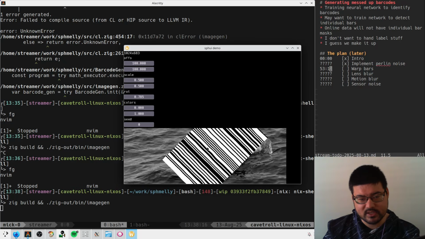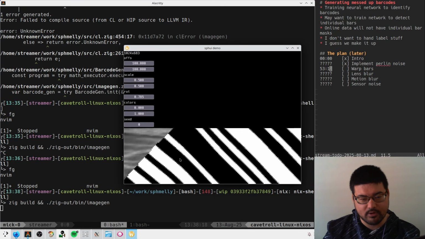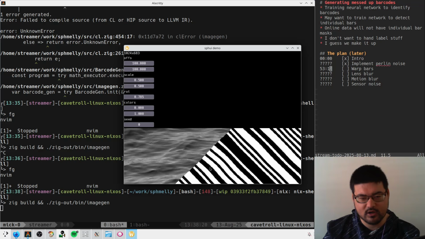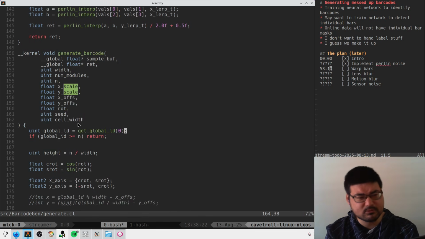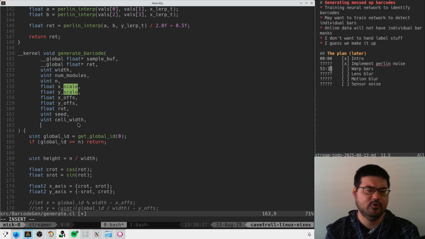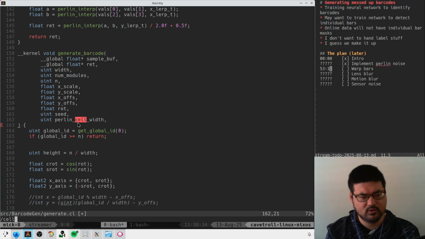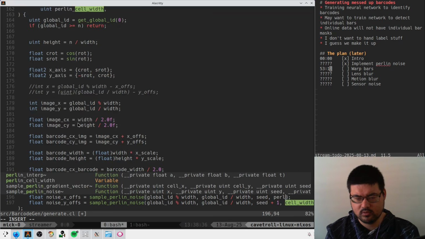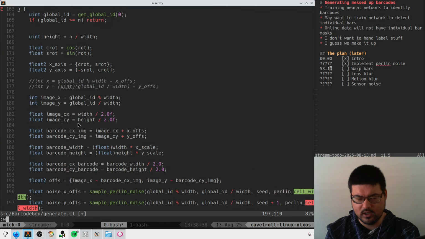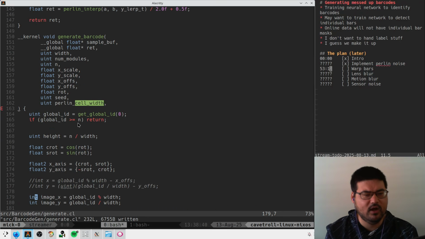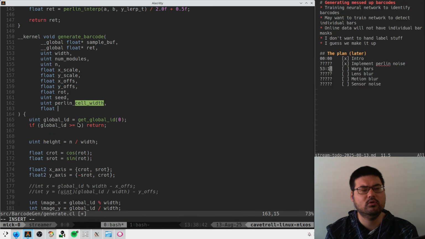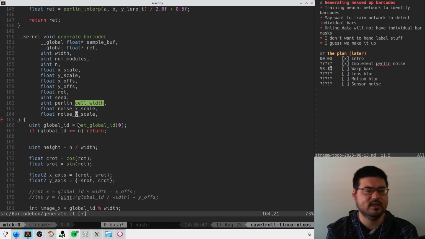And here we should see the top and the edge of the barcode now is not perfectly clear. And we can start parameterizing this probably. So in here, we'll call this Perlin cell width. And then we'll have noise X scale and Y scale here.